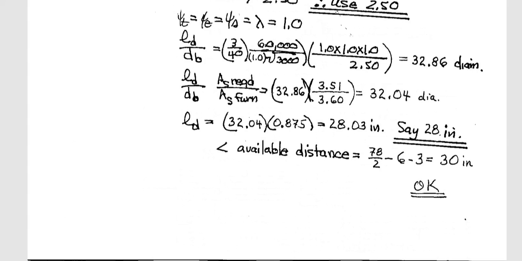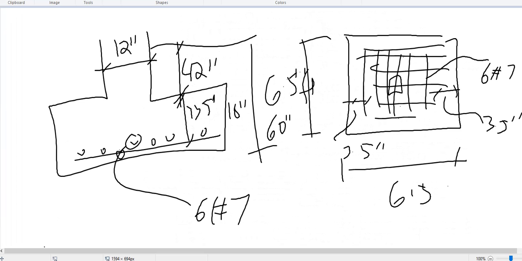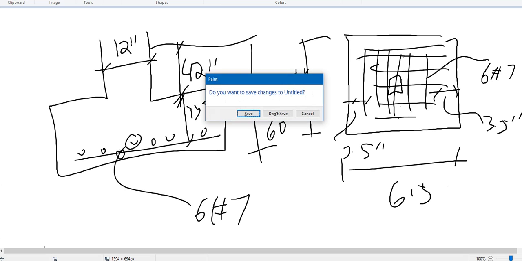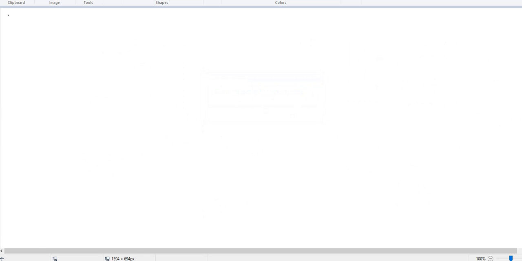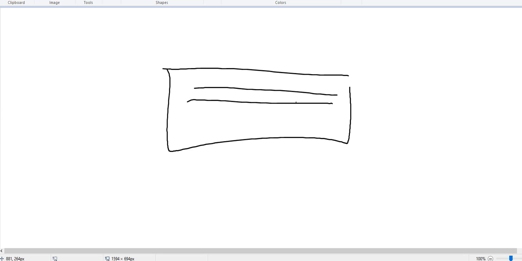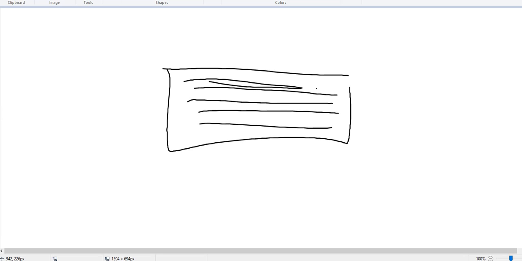In the next video, I will show a rectangular footing, but very briefly the difference will be, in this way, most of the reinforcement will be here, some will be here. That is the difference.